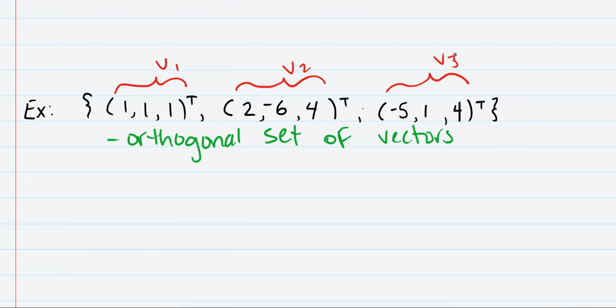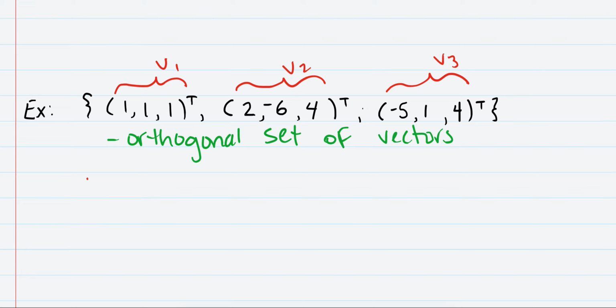So here, if we take V1 and multiply it by this scalar, we're not changing the direction of the vector, because this is going to be a positive number, 1 over a positive number. It's not going to be 0 and it's not going to be negative. So it's in the same direction. So it's not changing the angles between these vectors. It's just changing the length. So that's what we're going to do here.